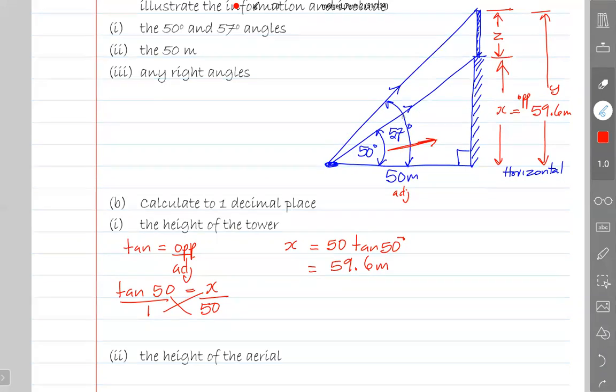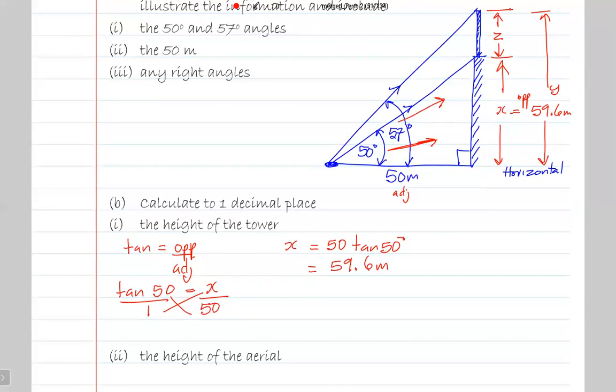Now, Y is in front of the 57 degrees, so it's opposite. And the 50, the line of sight is the hypotenuse, so the 50 is the adjacent. The ratio that includes opposite and adjacent is tan.